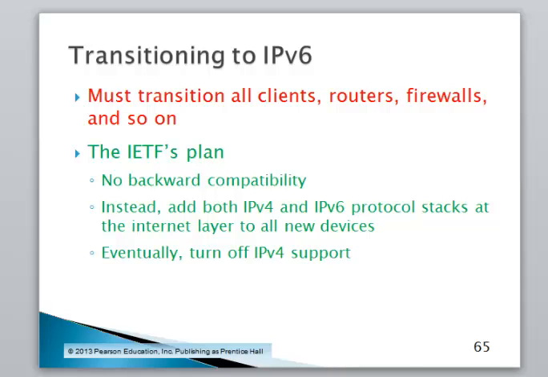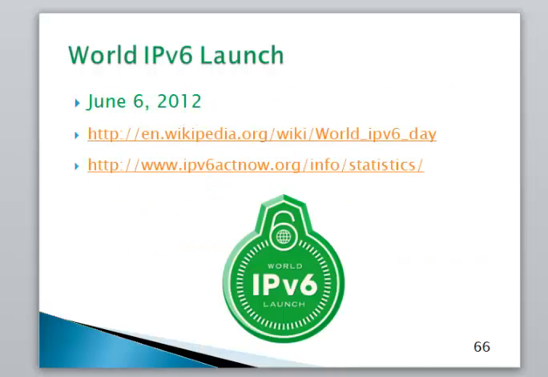I was curious about what the timeline for this was, when the ISPs were going to switch over to using IPv6, and found out that, in fact, we already had that. We had a test day on June 6, 2012, that was successful. And we even have a logo and everything for World IPv6 Launch Day.